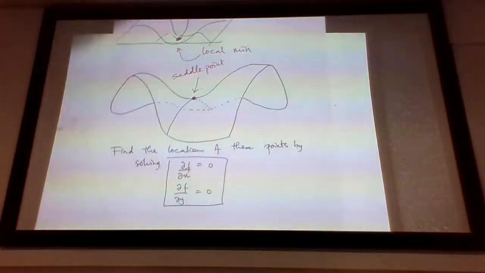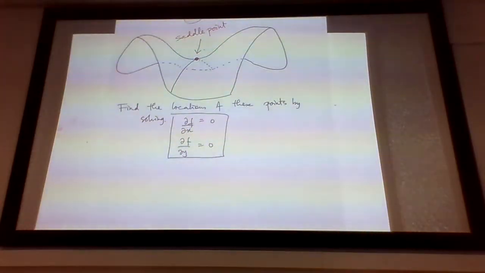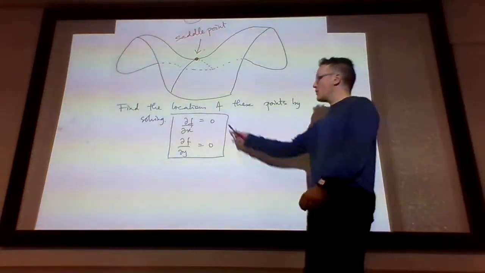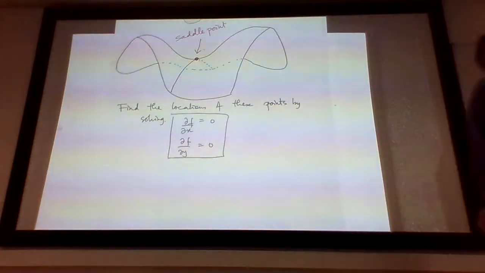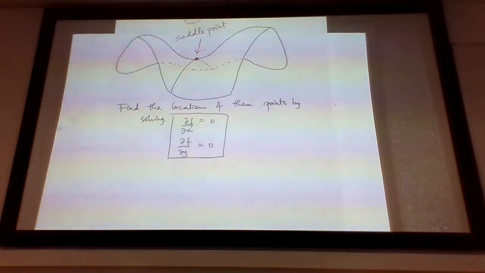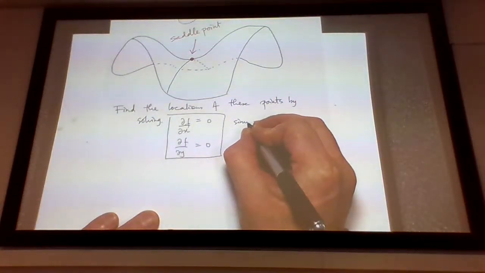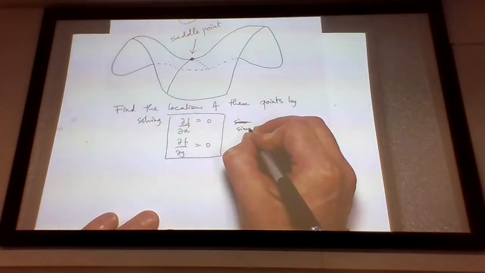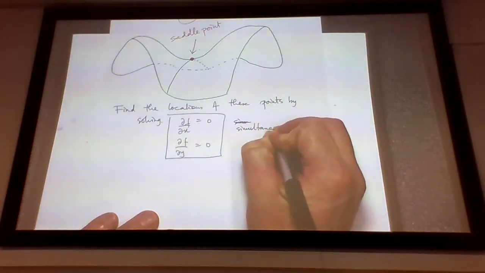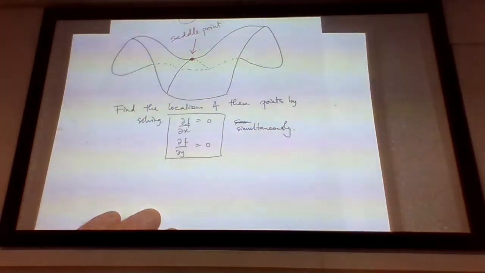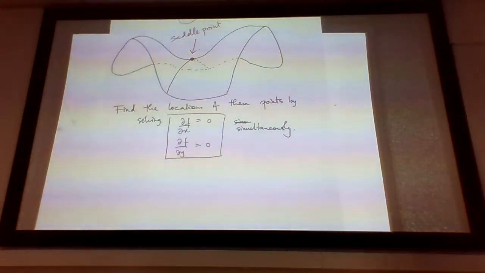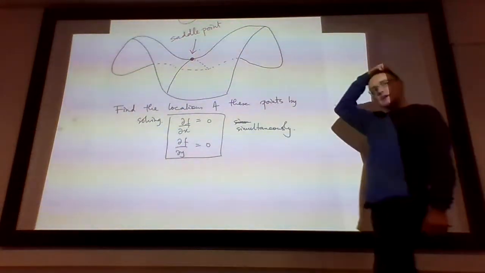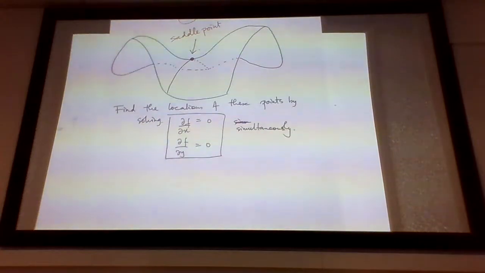The locations where both of these first order partial derivatives vanish are the locations of the stationary points. So we solve this pair of equations simultaneously, we find the solutions, and they are the locations of the stationary points.